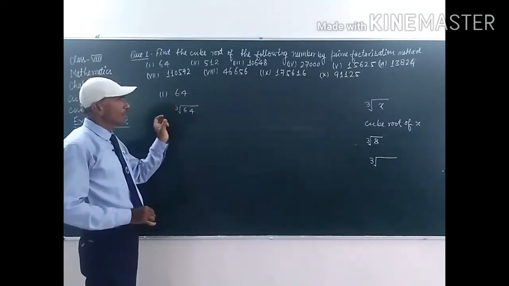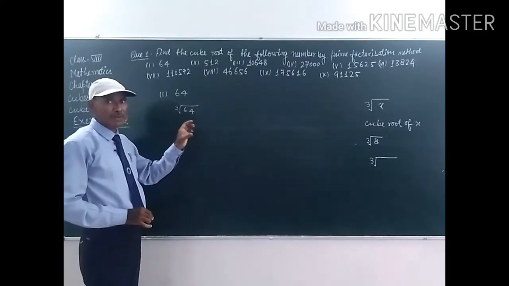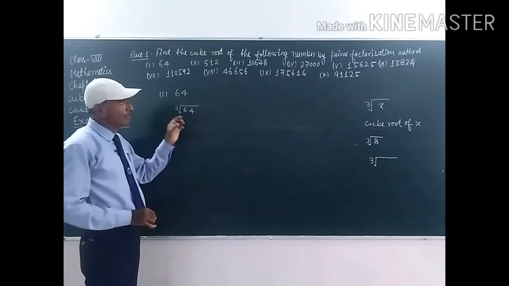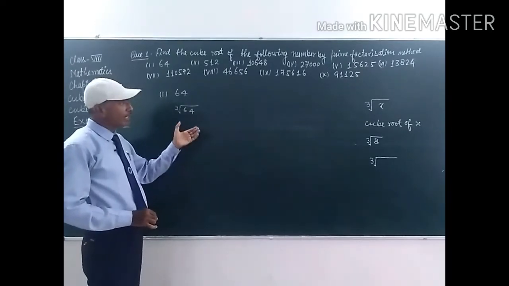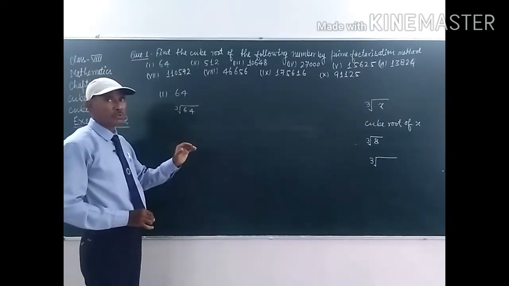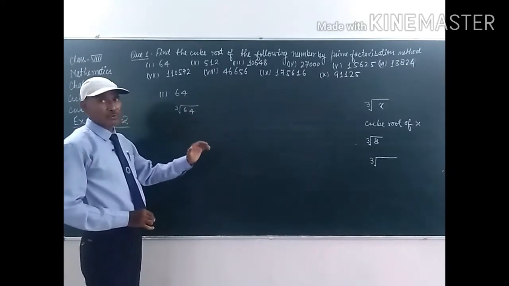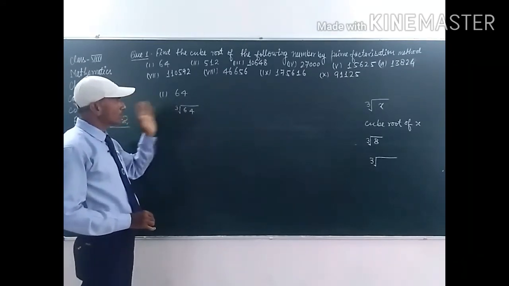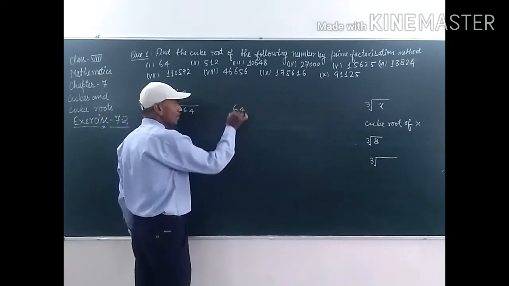After that, we will group the factors in triplets, groups of 3. And after that, we have to choose one factor from each group. Clear, student?